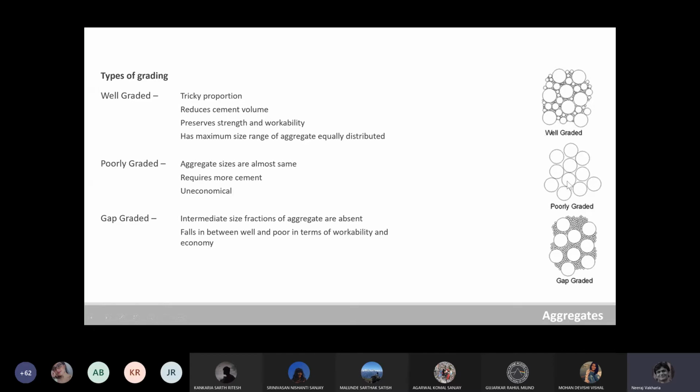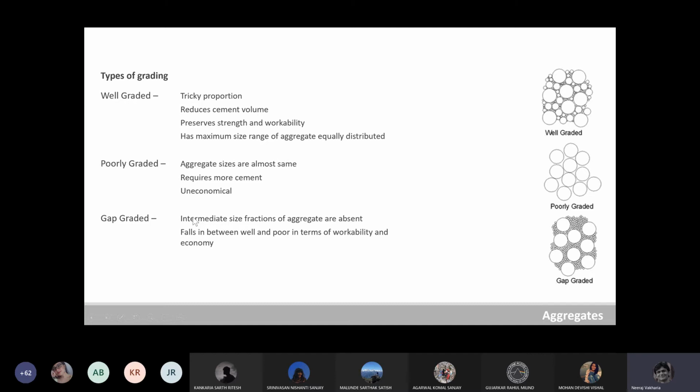So as you can see, if we have, let's say, only large or a particular size of aggregates, then the voids are going to get filled with either cement or cement paste, or maybe water which the concrete might produce, or maybe just air voids. So again, the strength is reduced, and using more cement will be uneconomical.